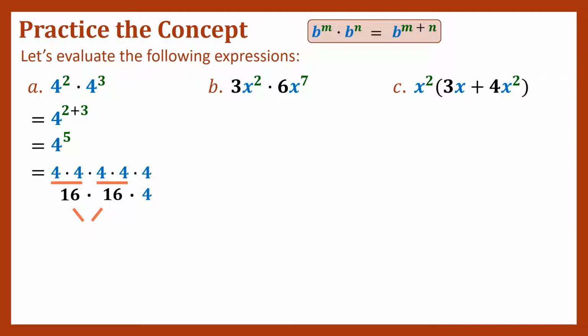Multiplying the 16s together, we will get 256, which is still being multiplied by 4. Multiplying 256 times 4 will give us 1024. So for this first expression, the result is 1024.